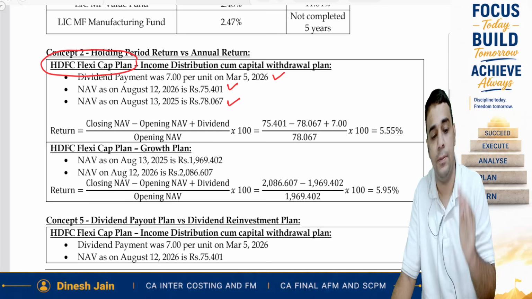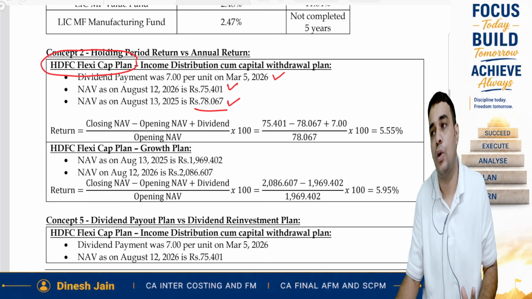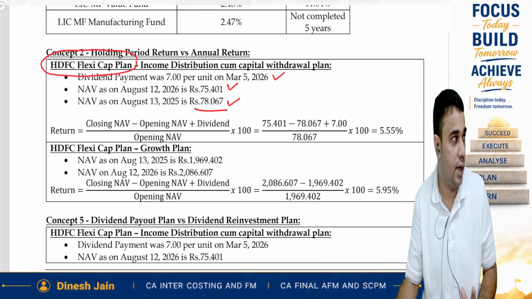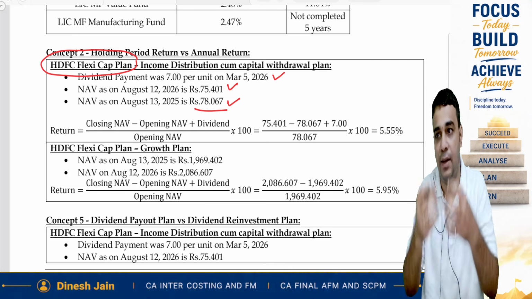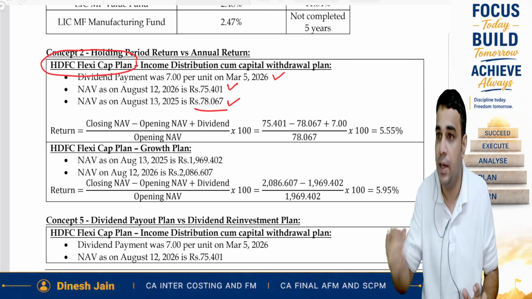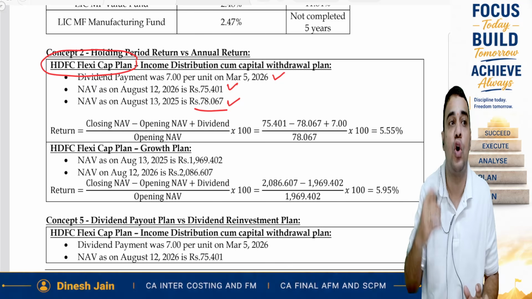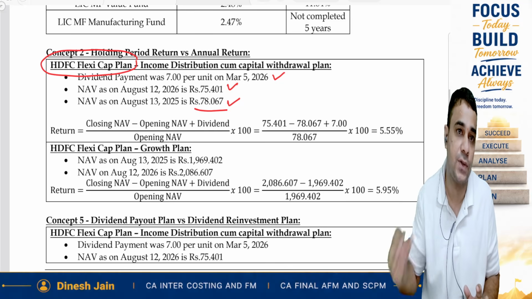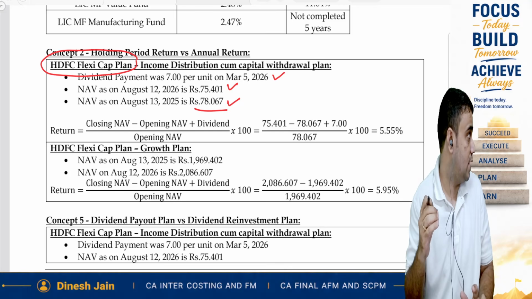Here, the opening price is higher and the closing price is lower, technically called capital depreciation. Generally we have an appreciation. Here there is a depreciation of the price. Price has gone down rather than going up.